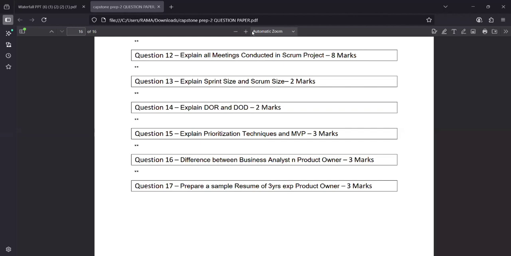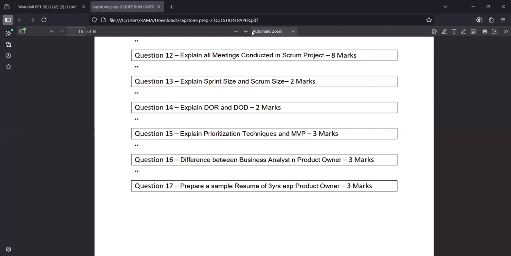The business analyst gathers and documents requirements, creates workflows, use cases and user stories, and acts as a liaison between stakeholders and the development team. This is the difference between a business analyst and a product owner.